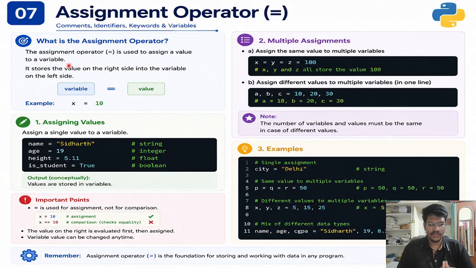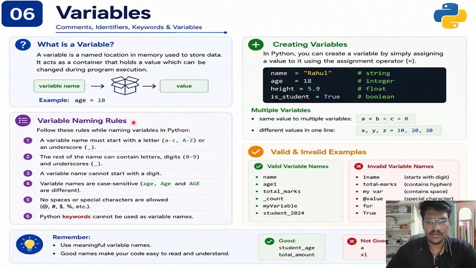You can also store a mix of data types like name, age, cgpa is equal to Siddharth, 90, 22. Whatever you want, you can mention there. This was the example. Now let's move to the next slide.